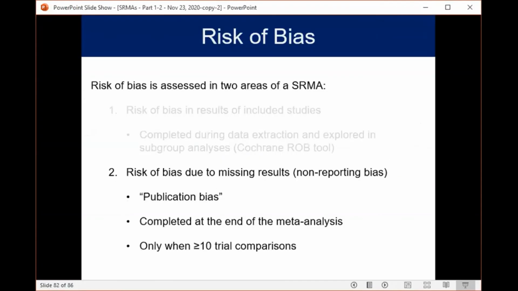The second area in a SRMA where risk of bias should be assessed is to assess if there is any bias which can result from differences in studies which are not published, which we call publication bias. This assessment is performed at the end of the meta-analysis.